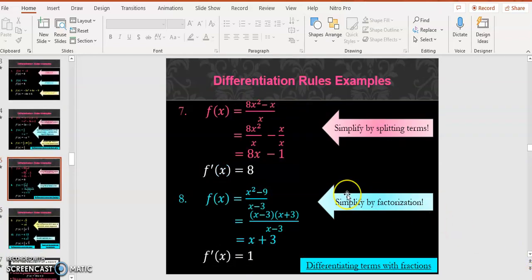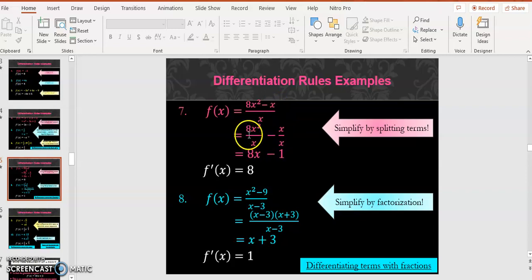Now, let's see how we are going to differentiate this one using the rule: 8x squared minus x over x. You can break it to be 8x squared over this x minus x over this x.